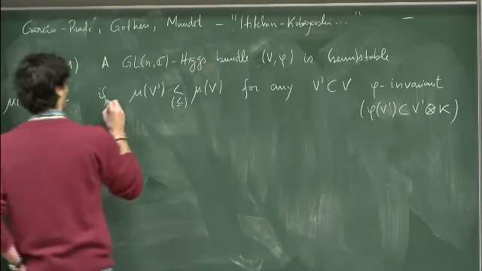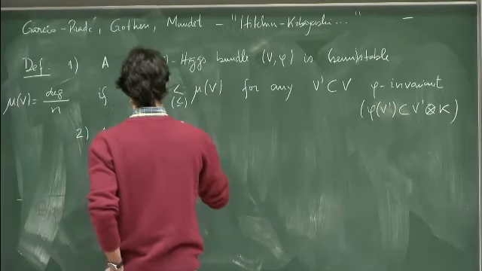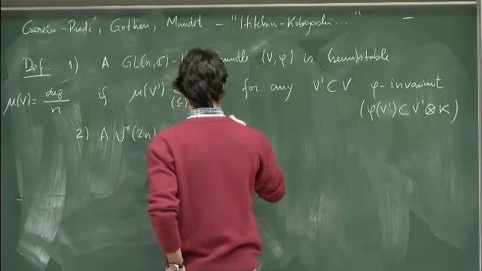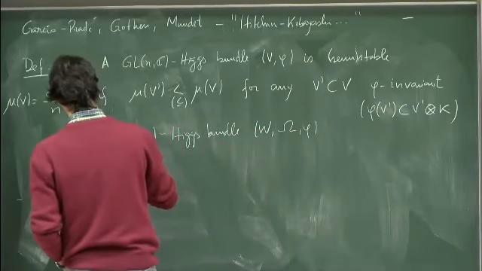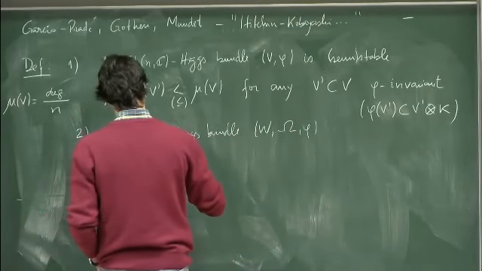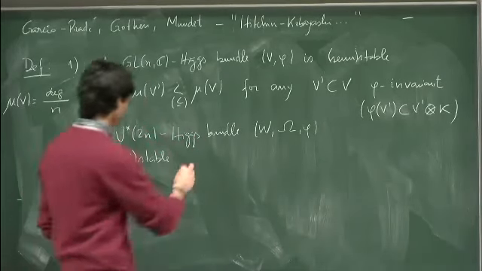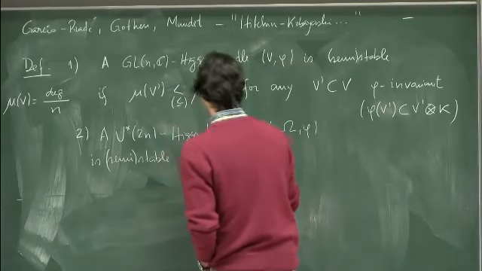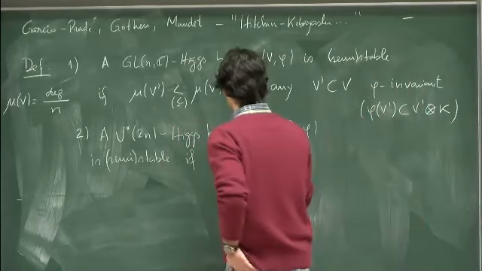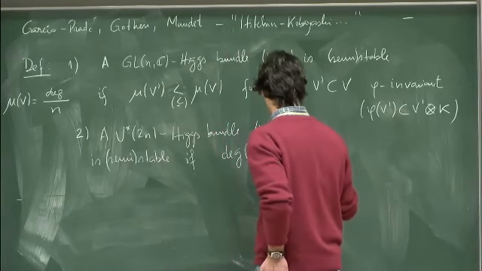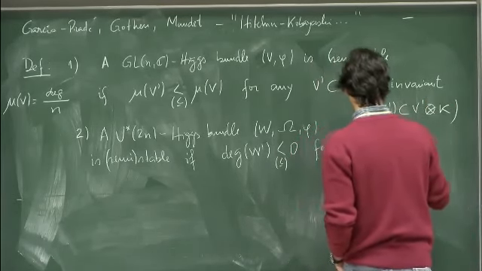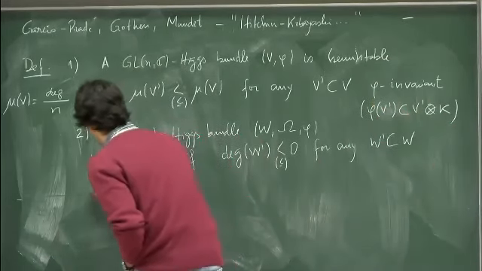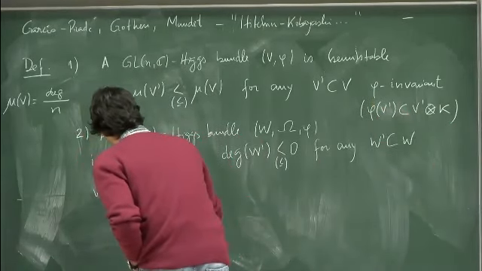And a U star 2n Higgs bundle (W, omega, phi) is semi-stable if, again, now the slope of this is 0 because the degree is 0, the degree of any subbundle W' of W, which is phi invariant and also isotropic, is less than or equal to 0.